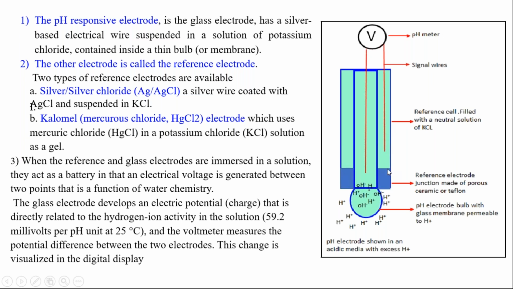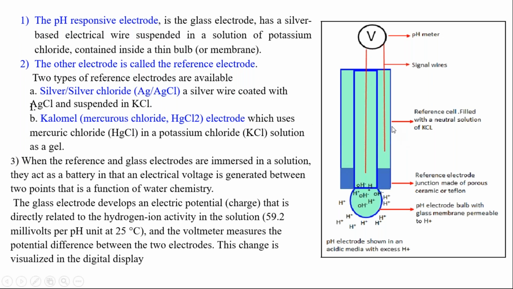And then you see it is sealed off. And this central portion is the pH electrode. It has got a glass bulb here, which is very sensitive to the hydrogen ion concentration. It has got an electrode in it, which are actually platinum wires or metal wires, and they are connected to a volt meter.